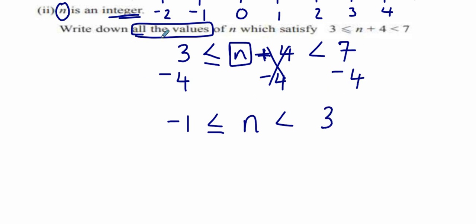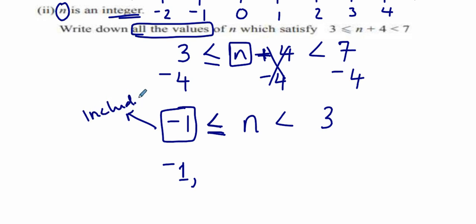So write down all the values of n. Here we are looking for all the values starting with negative 1, and then all the values between negative 1 and 3. But remember, this means less or equal, which suggests including negative 1 in the list. That is why I'm starting with negative 1 here.